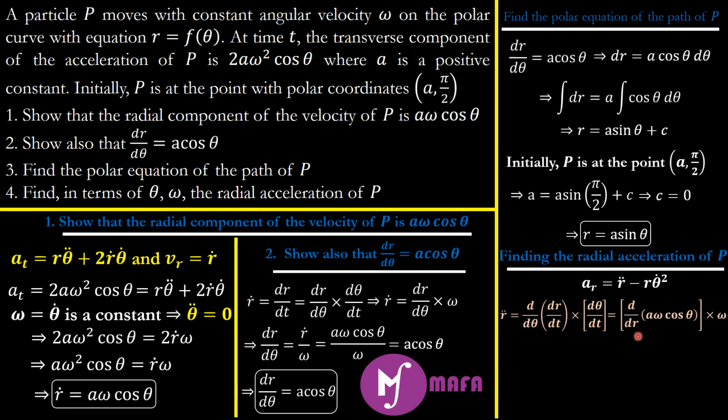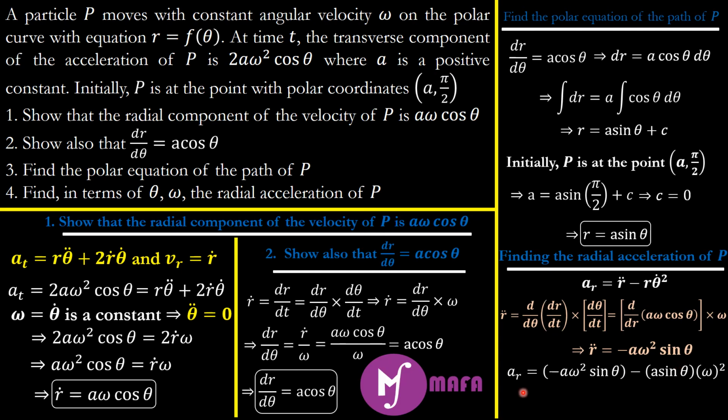So this is d by d theta of r dot, and we proved that r dot was a omega cos theta. Then we multiply it with d theta by dt, which is omega. Now if we differentiate here with respect to theta, like I said, it's supposed to be theta, not r, sorry for the error. If we differentiate here, we have negative a omega sine theta. Multiply with omega, it becomes negative a omega squared sine theta.